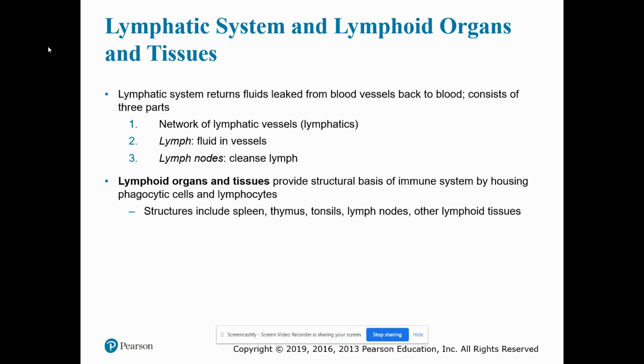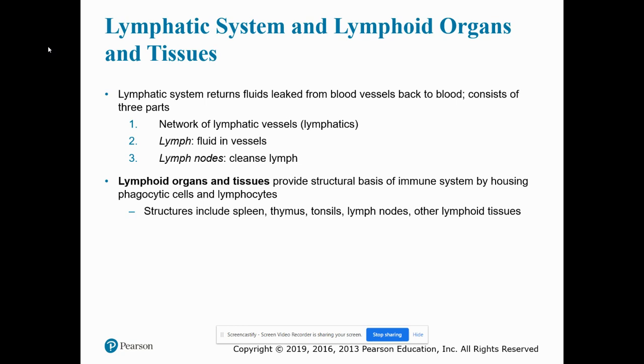So what the lymphatic system does is it returns that fluid that leaks out of blood vessels back to blood. And if you remember, we talked about this. It goes from the heart, then out the aorta. We're talking about the systemic circulation. So it goes out the aorta and then down the arteries, eventually getting to the arterioles. From there, it gets into the capillary beds. In the capillary beds, about 20 liters of fluid is going to leak out, and this provides the way that the tissues get their nutrients and their oxygen and all that good stuff.